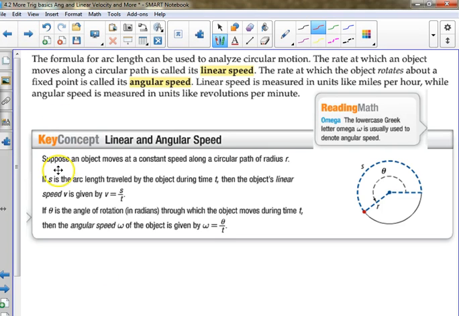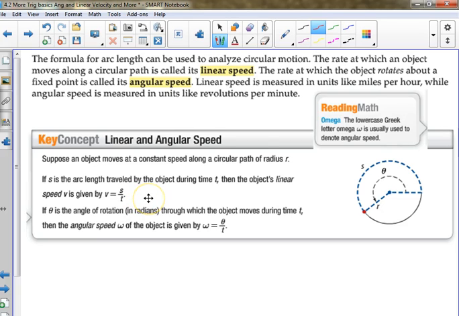All right. So it says, suppose an object moves at a constant speed along a circular path r. If s is the arc length traveled by the object during time t, then the object's linear speed, okay, linear speed is the length of the arc divided by time. I don't ever use these formulas, honestly. I just do dimensional analysis, okay?